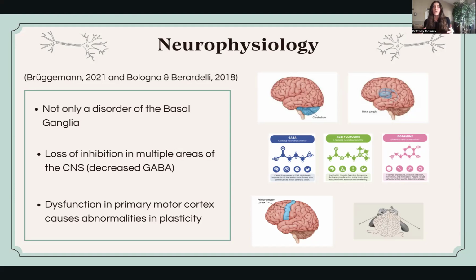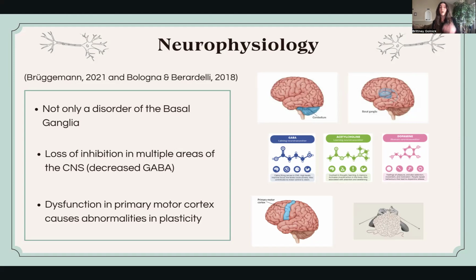And there's also a loss of inhibition in multiple areas of the CNS. So when we talk about inhibition, inhibition acts as a counterbalance of the excitatory signals and inhibitory signals of the muscles.